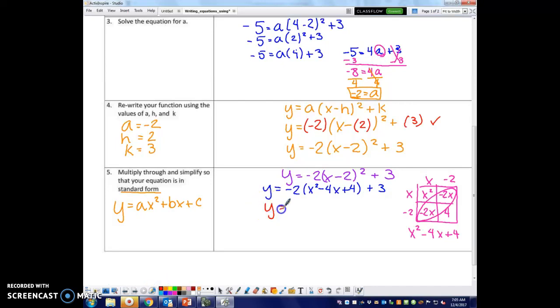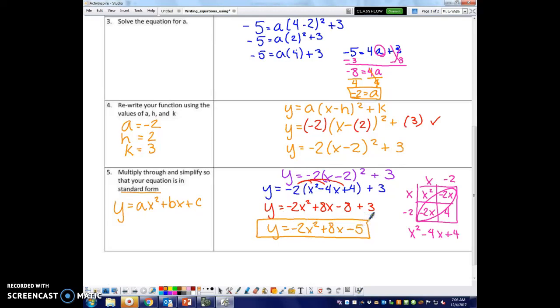So y equals -2 times x squared is -2x squared. -2 times -4 is a positive 8x. -2 times positive 4 is -8. And then don't forget this plus 3 at the end. The very last step is to combine like terms. So we have y equals -2x squared plus 8x, -8 plus 3, -5.